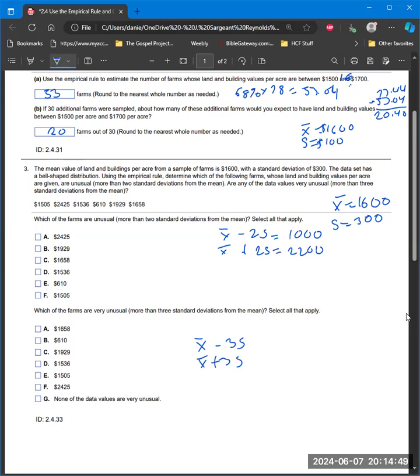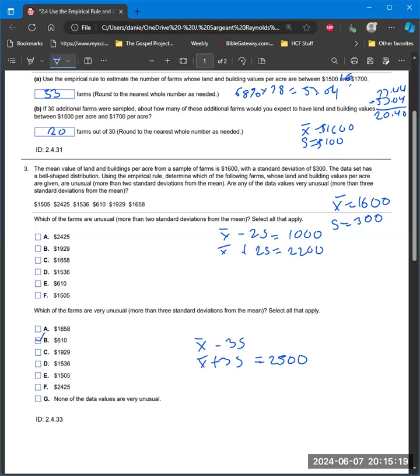While we're at it, let's figure out 3 standard deviations. Let's make this a 3, and that's going to be 2,500. So anything more than 2,500 will be extremely unusual, and anything below 700 will be extremely unusual.